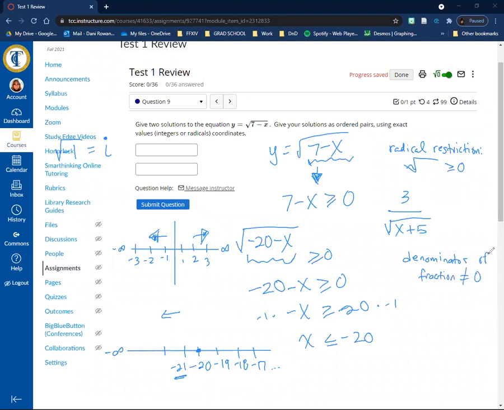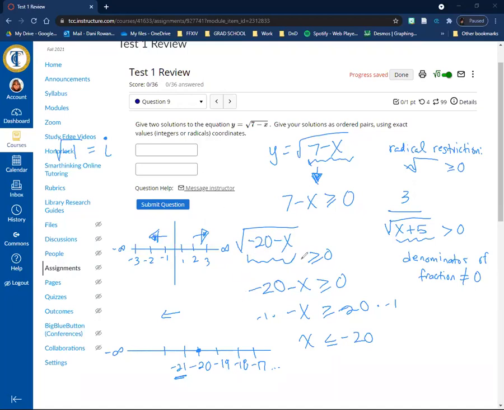That's the only thing that would restrict it further, because then whatever's under this radical can only be greater than 0. But for this problem, it's not asking for a domain. I just said we would look for the domain of this one because someone wanted another example. This particular question is something else, but it was a similar equation.